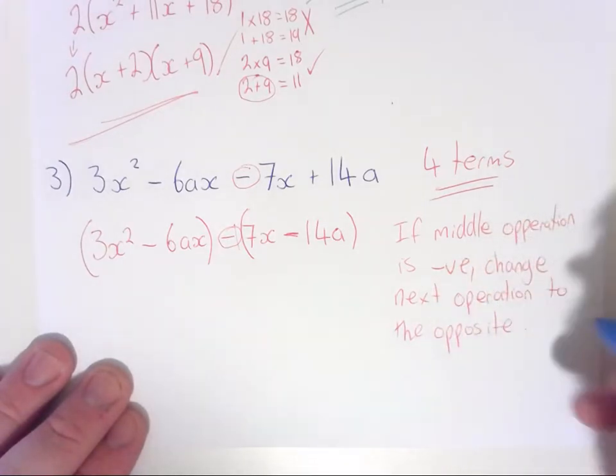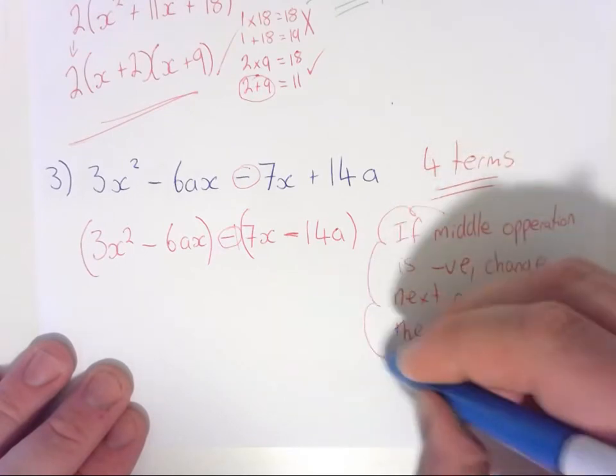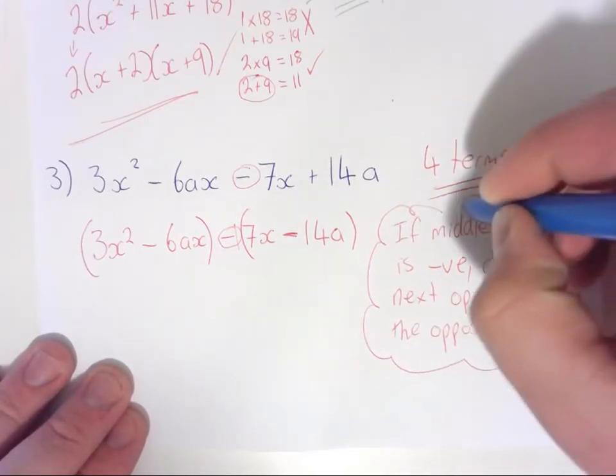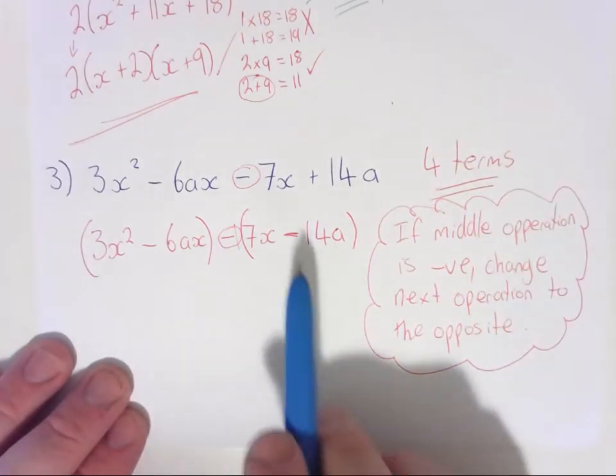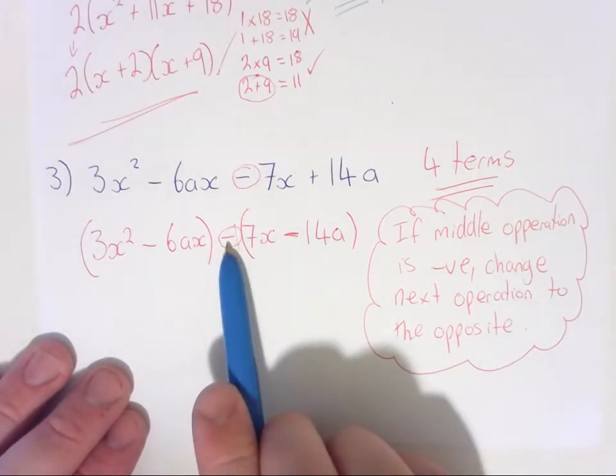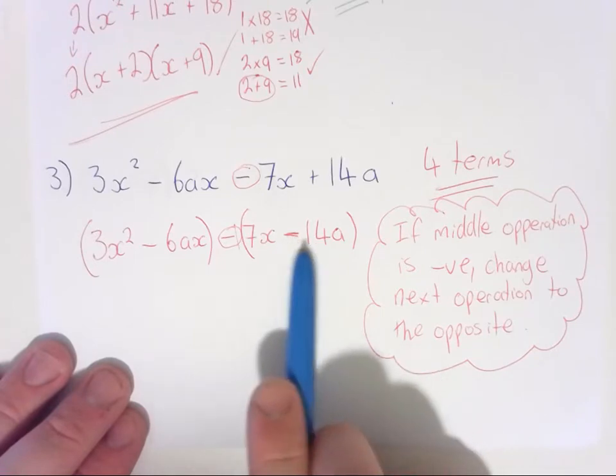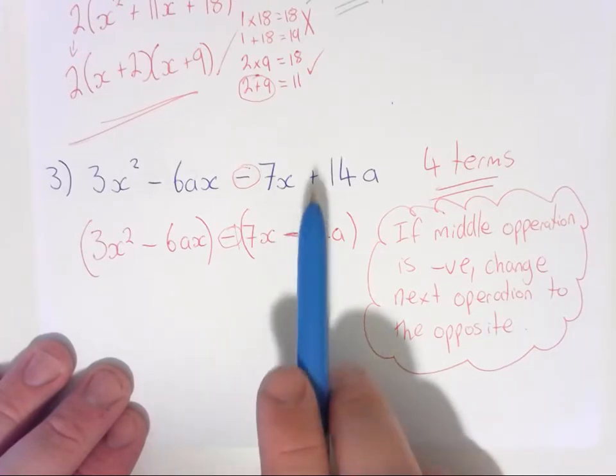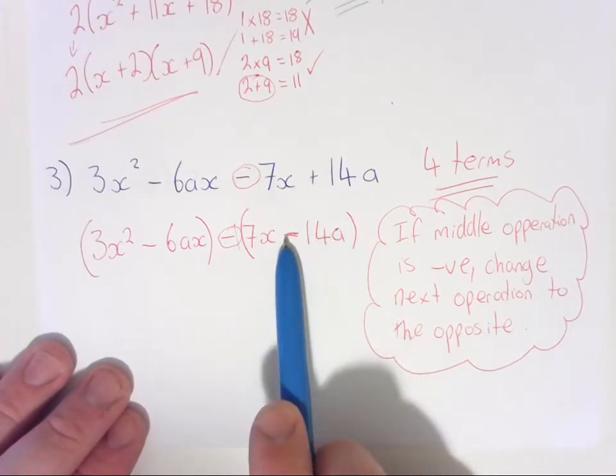Otherwise it won't work. That is important. If the middle operation, so this one here, is a negative, you must change the next operation to the opposite. It was a positive, I've changed it to a negative.